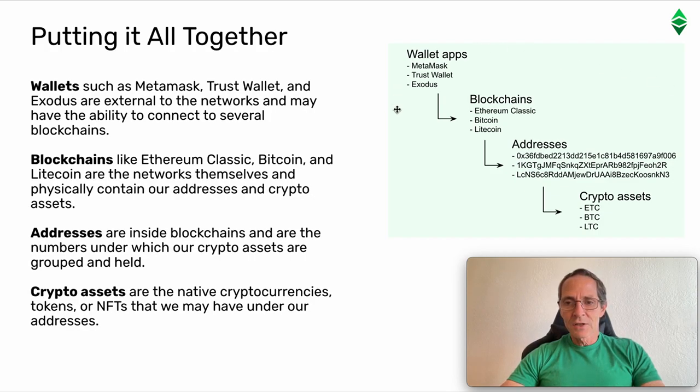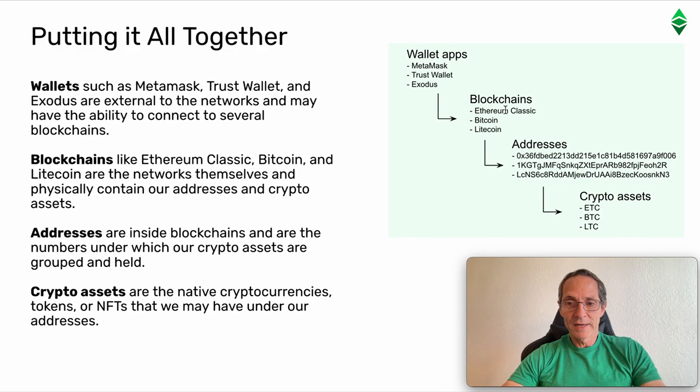So the wallet app is an external app. It's an app that you have on your phone and on your computer, just like you may have a browser, or you may have a banking app like Citi, for example, and from there you manage your account. So you can have your Trust Wallet, for example, or Exodus, and inside your wallet you may have several blockchains.